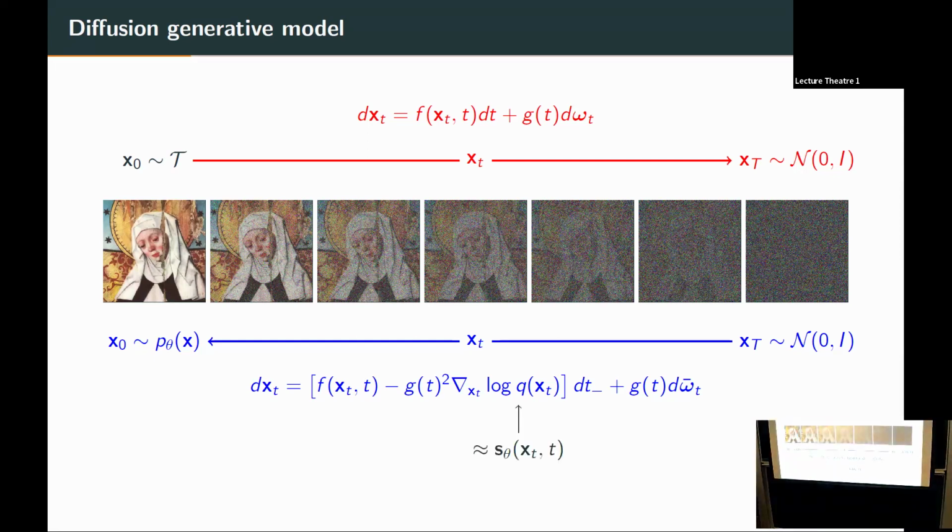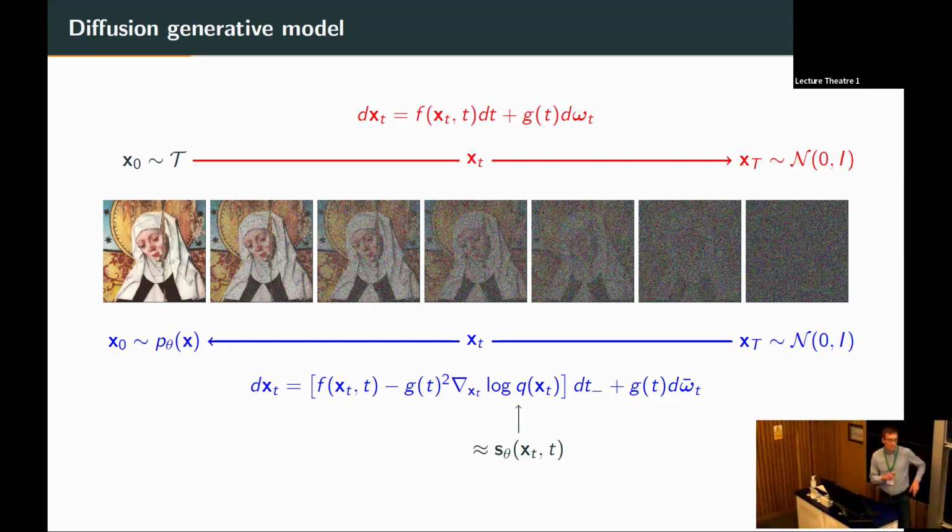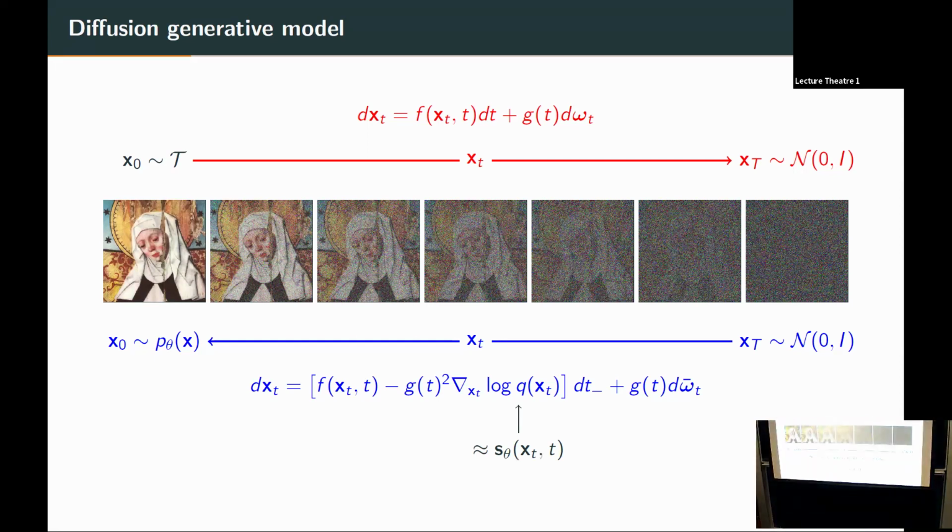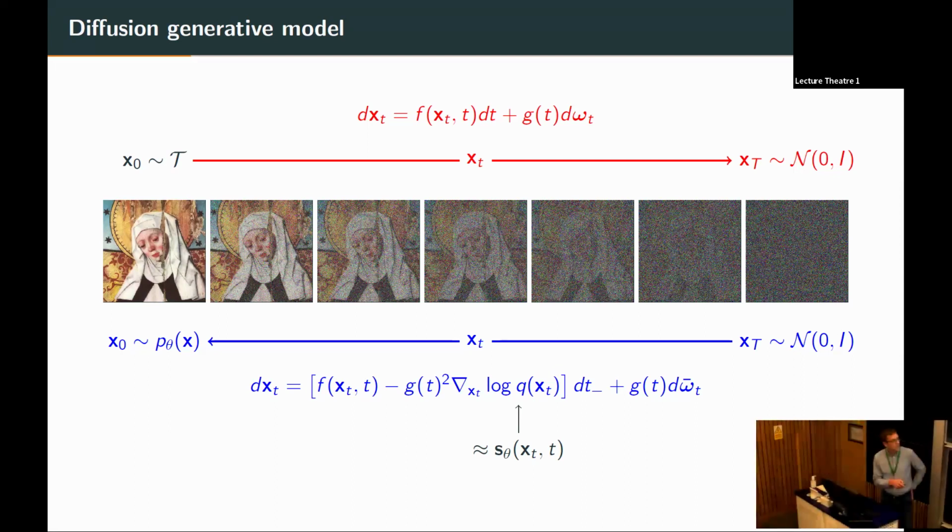Specifically, this thing here is now the score of the true marginal distribution of the forward process at time t, and this is not known to us. So again we make use of a neural network to approximate this score. We plug in that neural network, numerically solve the backward in time SDE, and that defines our generative model.